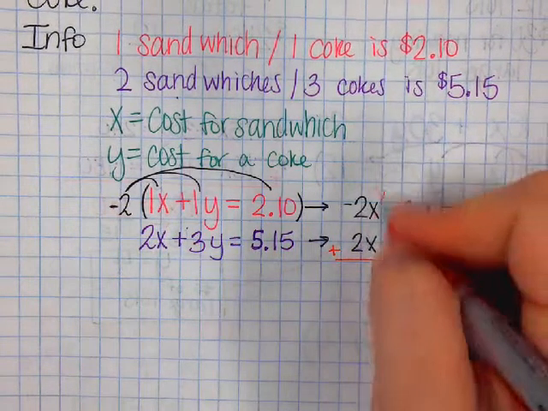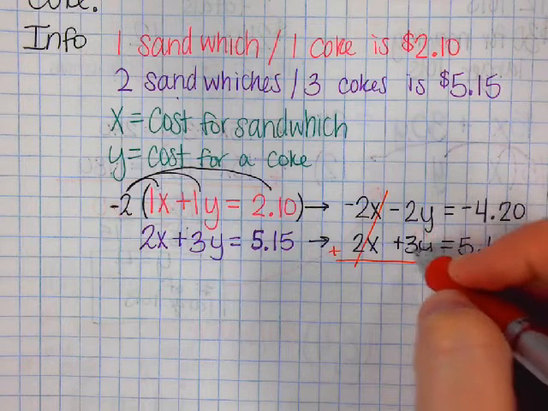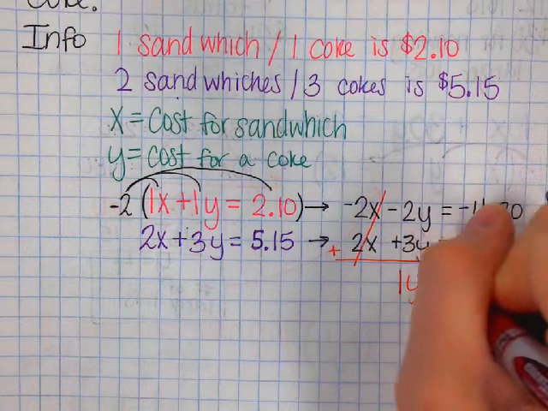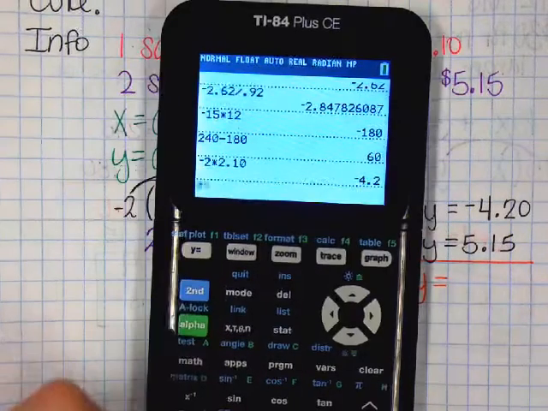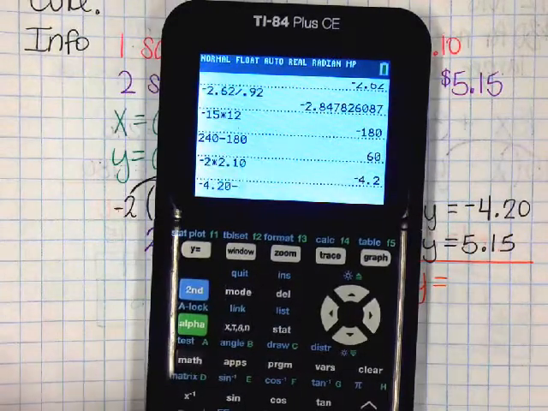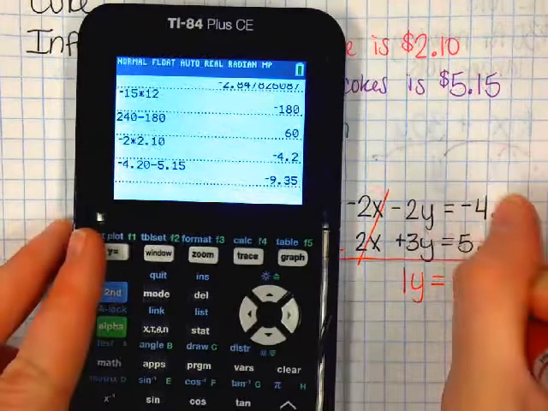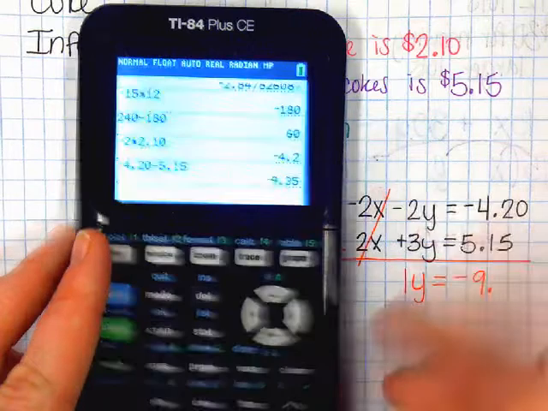Now I can combine them. 2x minus 2x cancels. -2y plus 3y, or 3 minus 2, would be 1y, equals -420 plus 5.15.